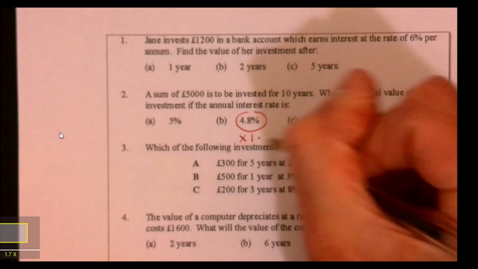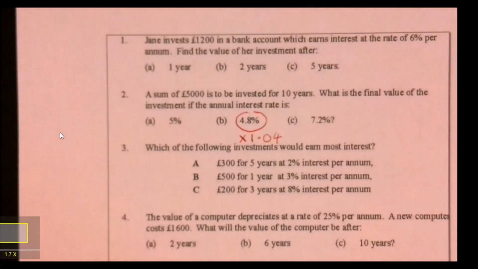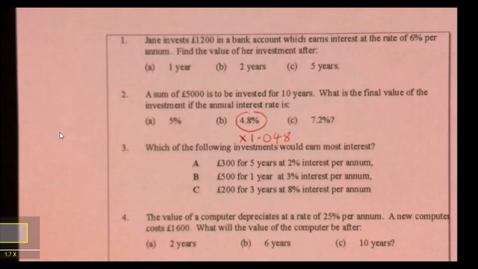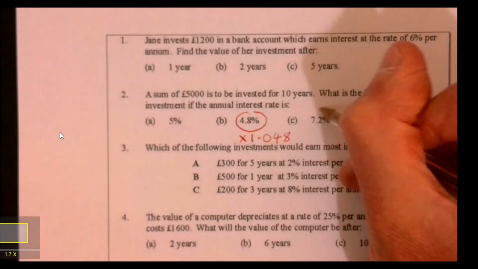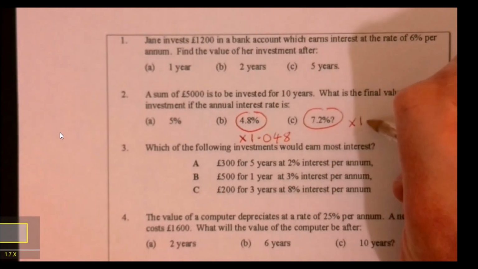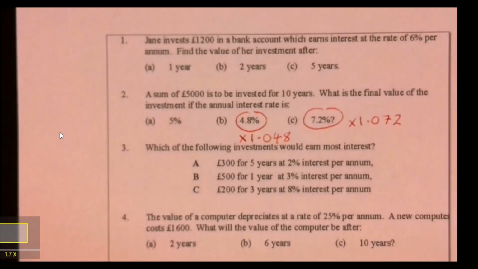So if it was 4%, it would be that. So if it's 4.8%, it's that. And then on C, the same sort of idea. That would be 7%. That's 7.2%.